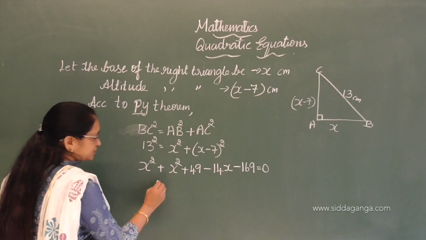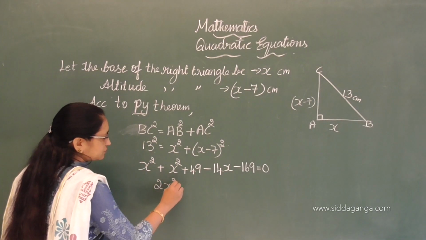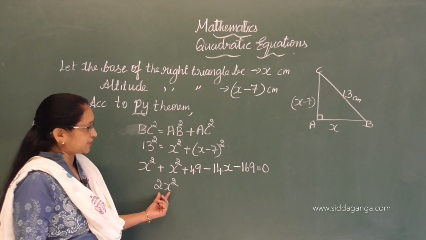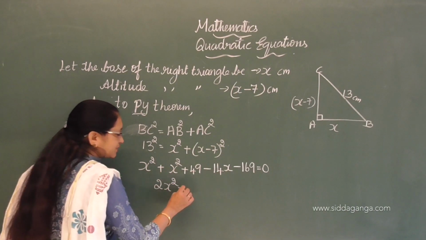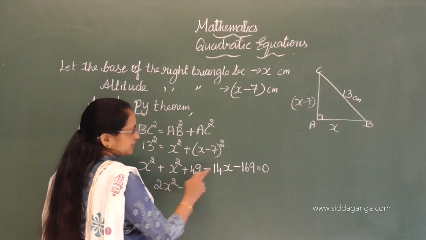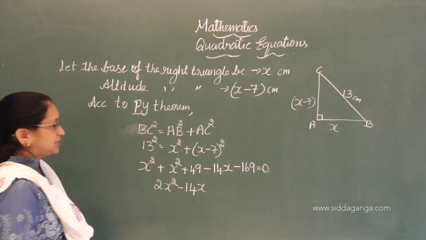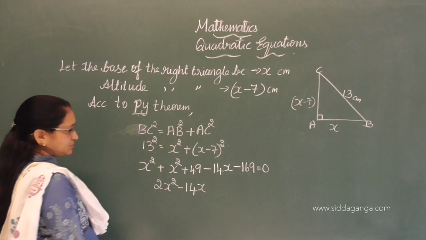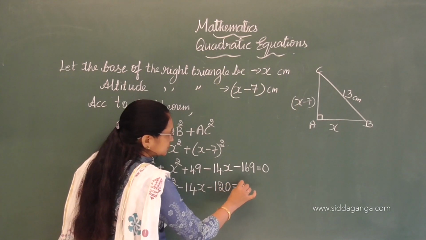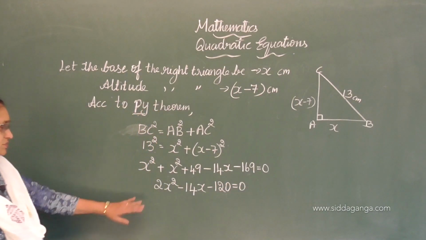Now, just see how we can simplify it. X square plus x square is 2x square, and minus 14x, we will write it in the standard form. Then 49 and 169, so it is minus 120 is equal to 0. Now, we have this.